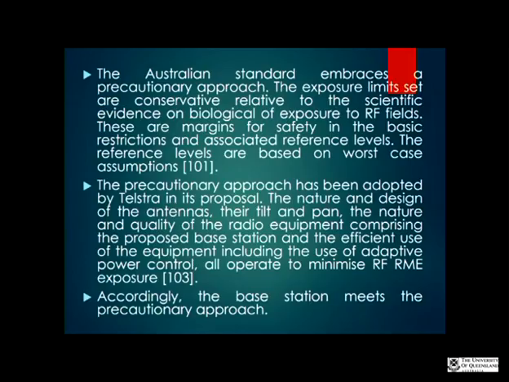And then they went on to say that Telstra itself had said that their proposal for where they were going to place the facility had a precautionary approach adopted in it as well in terms of the nature and the design of the antennas, their tilt and pan, the nature and quality of the radio equipment, and the use of adaptive power control, all intended to minimise the radio frequency exposure. And so the court came to the conclusion that the design of the base station met a precautionary approach in any case, and so there was no need to take it further.